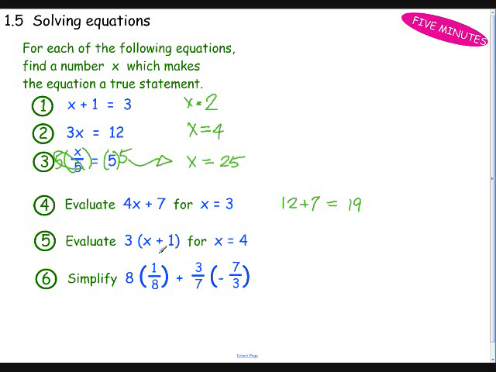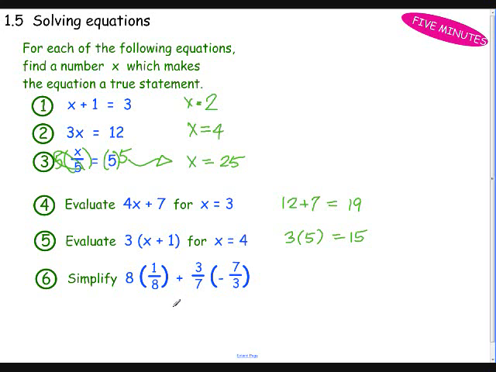How about this one? What is the value of this expression when x equals 4? Well, it's going to be 3 times, if x is 4 and we add 1 to it, that'll be equivalent to 15.